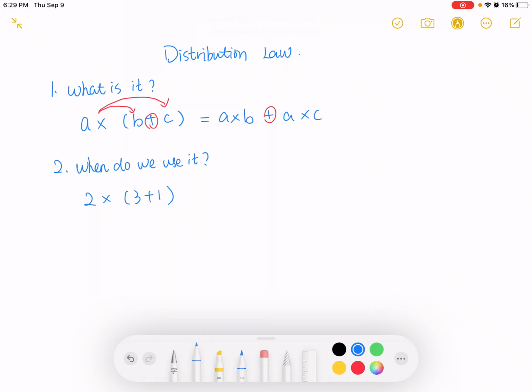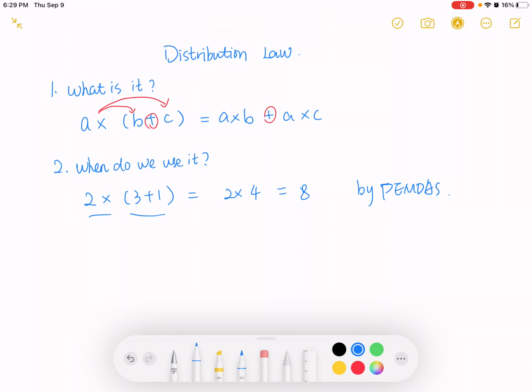But that seems a little bit overkill because by PEMDAS, by the order of operations, we always do the parentheses first and take care of the rest. So essentially 3 plus 1 is 4, and 2 times 4 is 8. You don't need any fancy law.